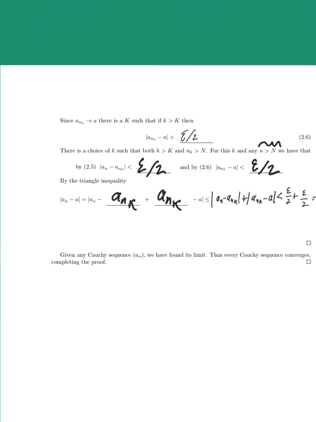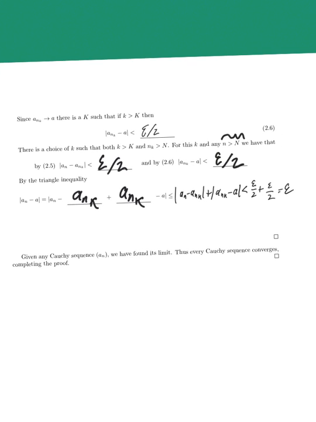So let's just summarize. I also came up with a choice of big K, but that was something that I needed inside of the guts of the proof, but it's not part of the conclusion. I considered any little n bigger than big N, and I concluded that the distance from a sub n to a is less than epsilon.